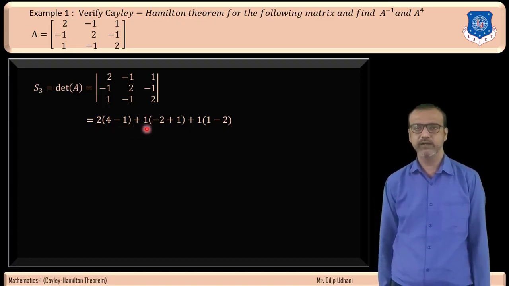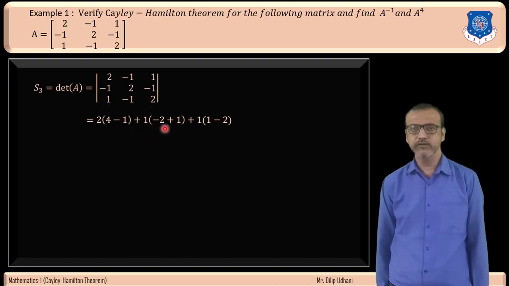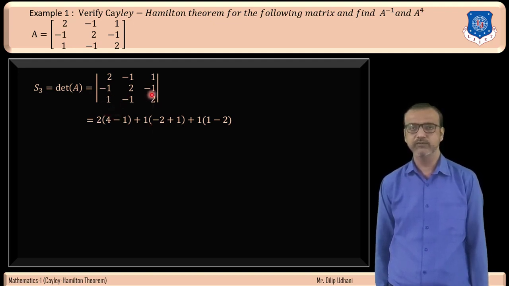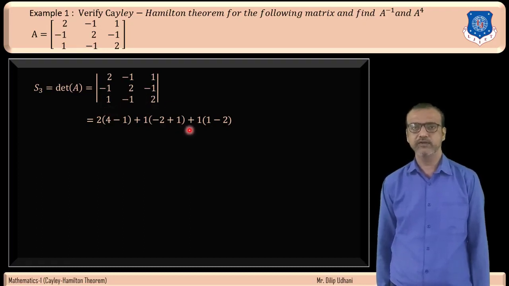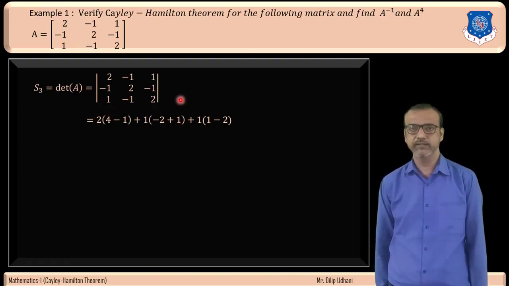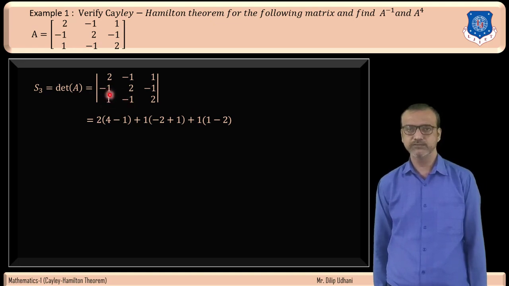Its minor is minus 1 minus 1 1 2, so it is minus 2 minus 1 into minus 1, so it is plus 1, that is minus 2 plus 1. Then for the last entry 1, its minor is minus 1 2 1 minus 1, so it is 1 minus 2.